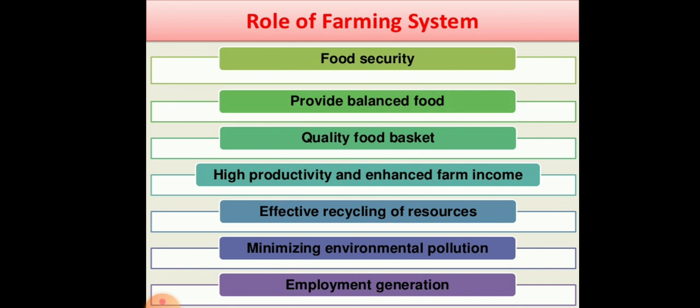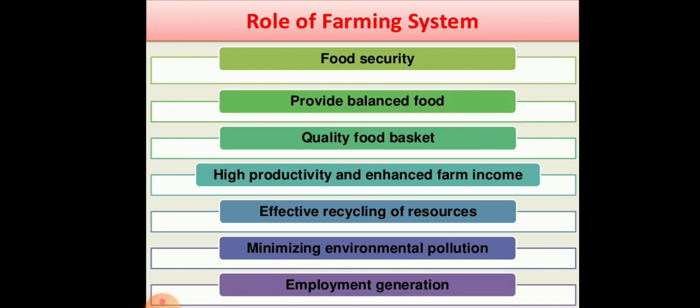Second, to provide balance of food. As we mentioned earlier, farming system doesn't deal only with crops, doesn't only deal with animals, it doesn't only deal with fishes, but it deals with more than two interdependent disciplines.